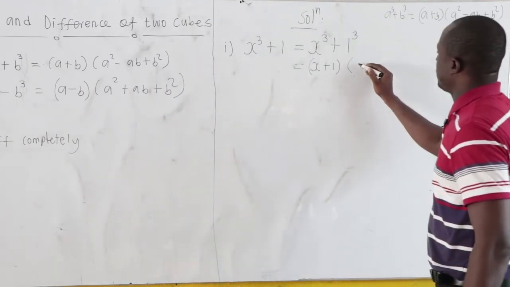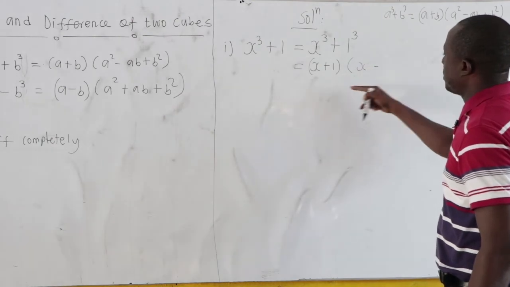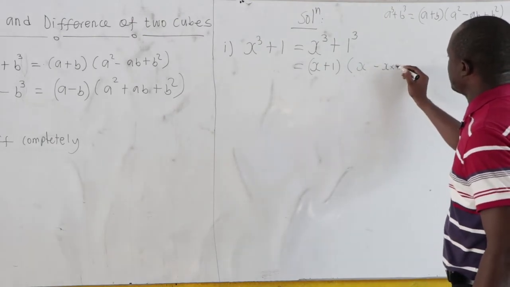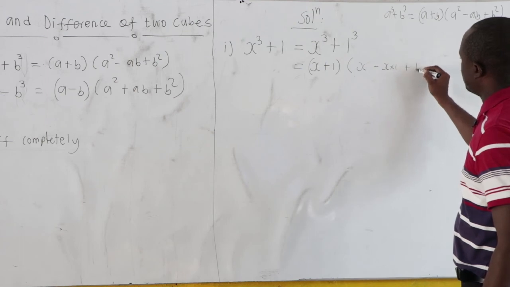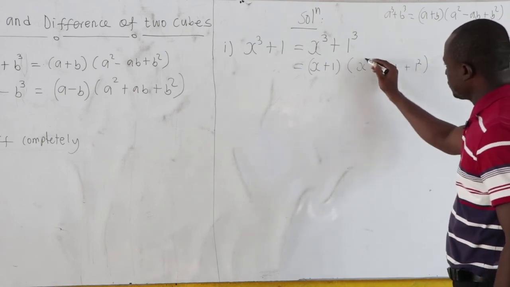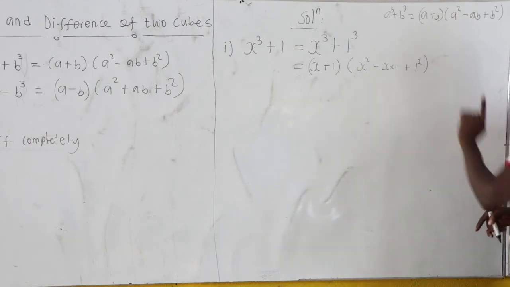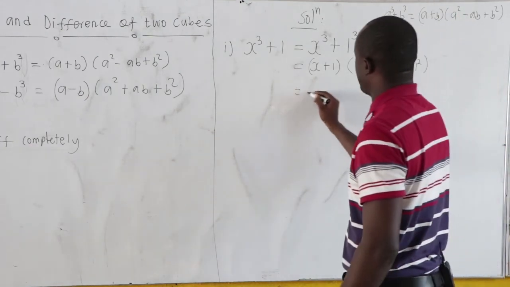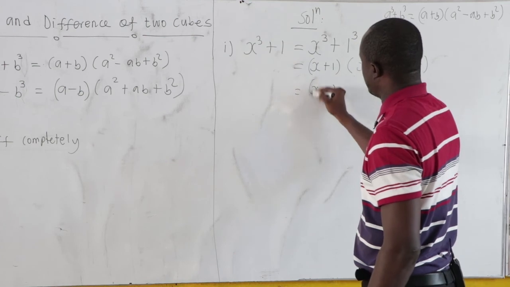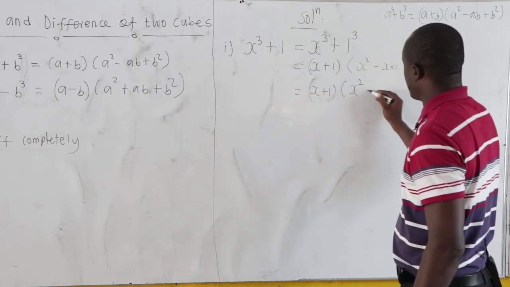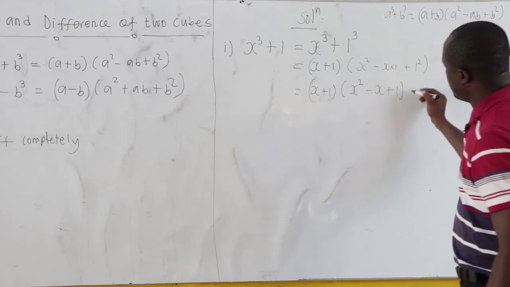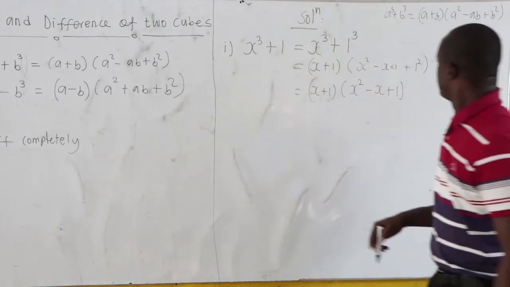So this can be factored into x plus 1, and then what do you get? x minus ab, so that is x times 1, and then plus 1 squared. You shouldn't forget, a squared is x squared. So over here we have x plus 1 times x squared minus x plus 1. 1 squared is the same as 1.